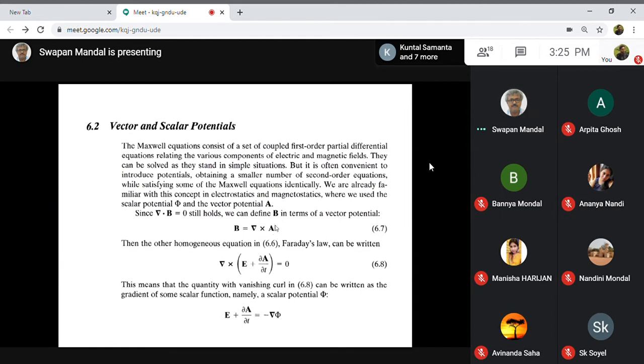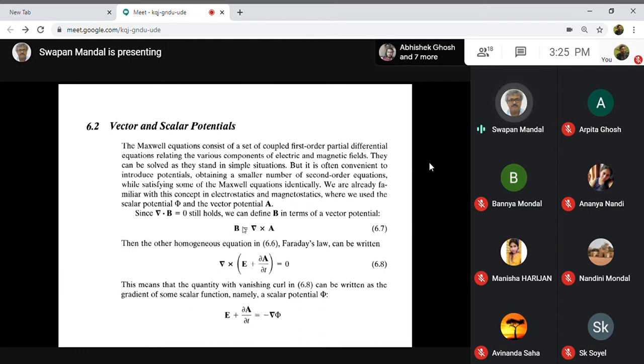Suppose I add some gradient of a scalar function to the vector potential A, that is, A plus some gradient of scalar function, the B field remains unchanged.